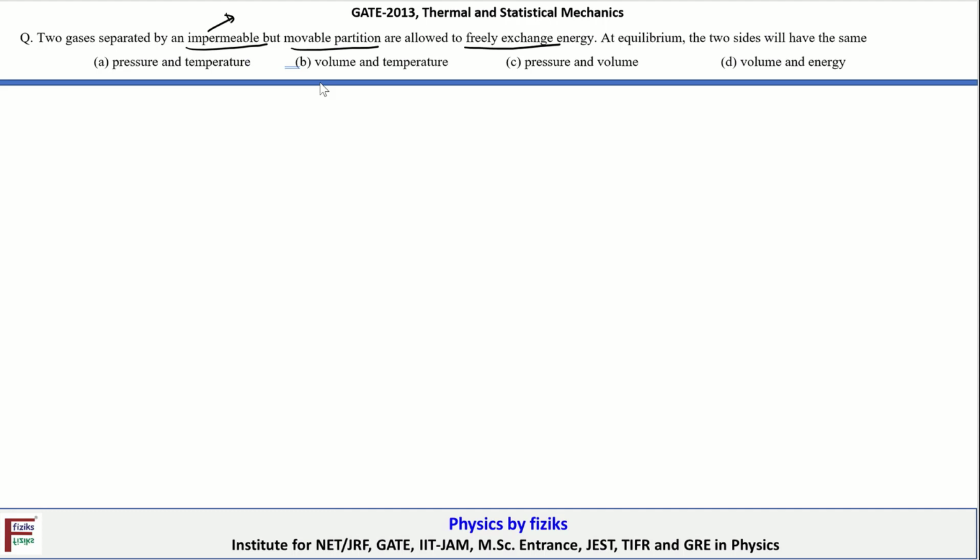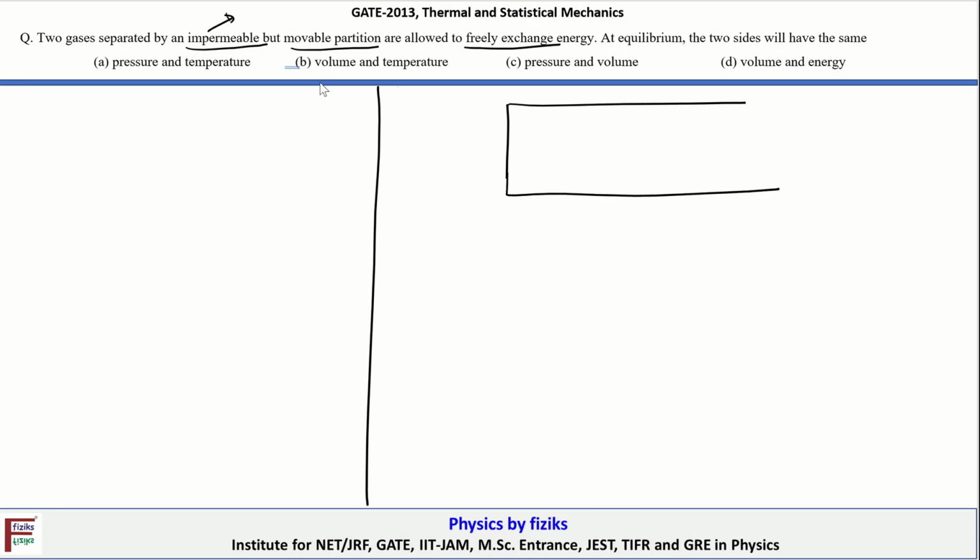Let's try to understand this problem. This is basically a question from statistical mechanics. Suppose we have one big container, and inside this container we have a membrane which is impermeable.